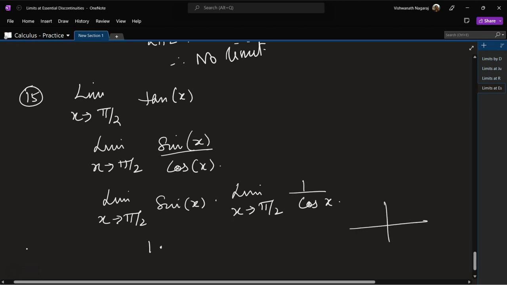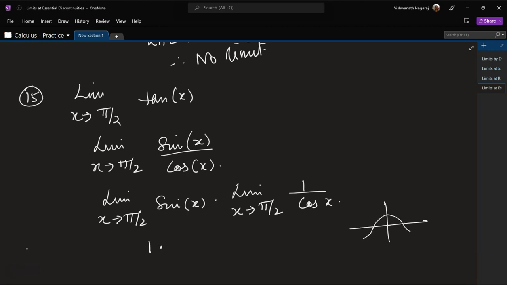Now here cos again will be like this. So what will happen? If we are coming from this side, it will be positive, and if we come from the right hand side, it will be negative. We can't do direct substitution because cos pi by 2 is 0.